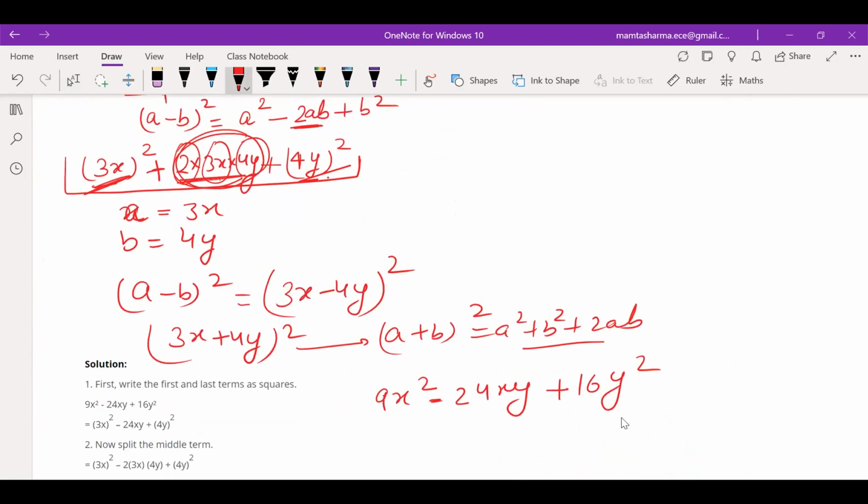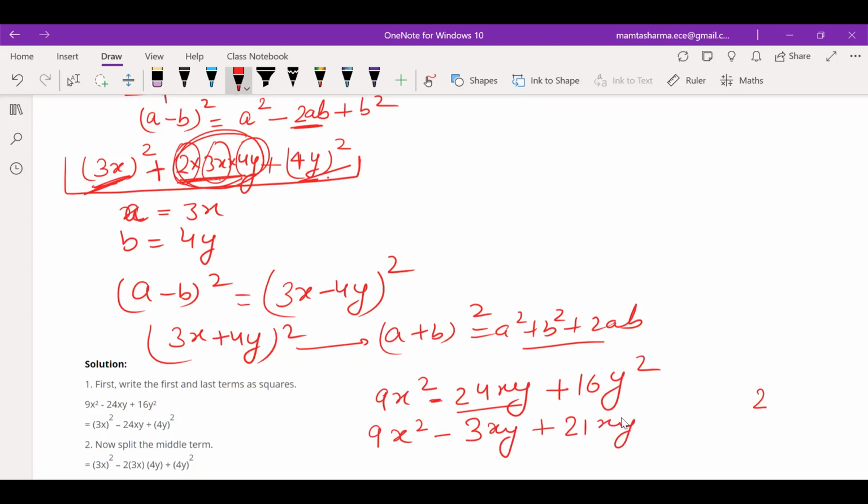You have to split this 24 into some common factor of 9, like 3xy plus 21.